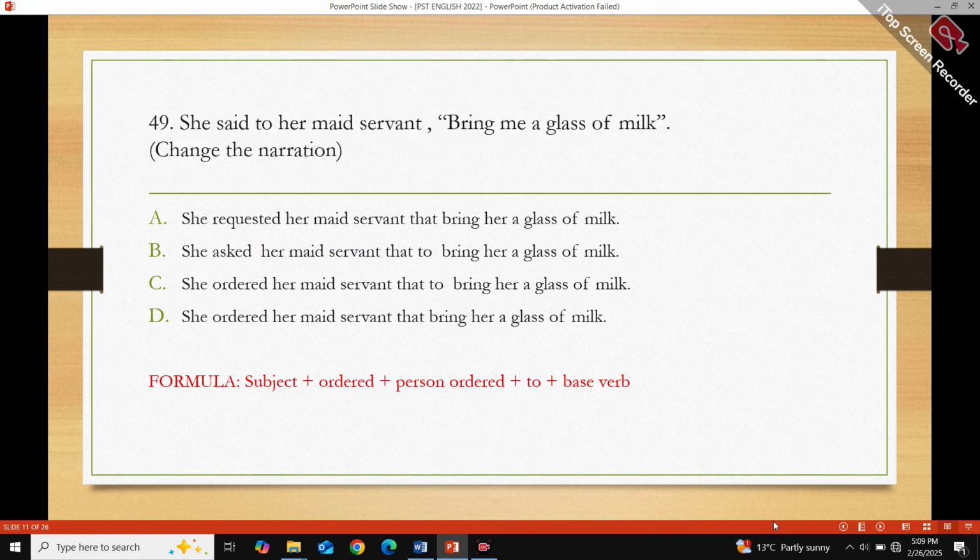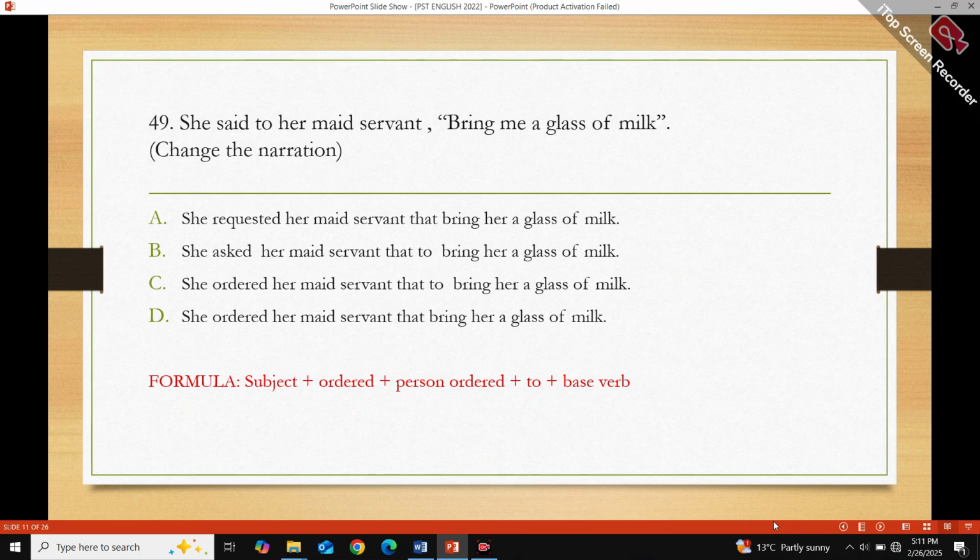The next one is, she said to her maidservant, bring me a glass of milk. Here in this sentence, bring me a glass of milk is a command, and when changing a command from direct to indirect speech, we typically use the verb ordered instead of command.